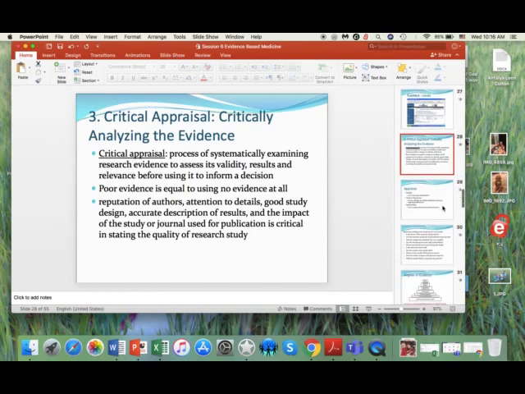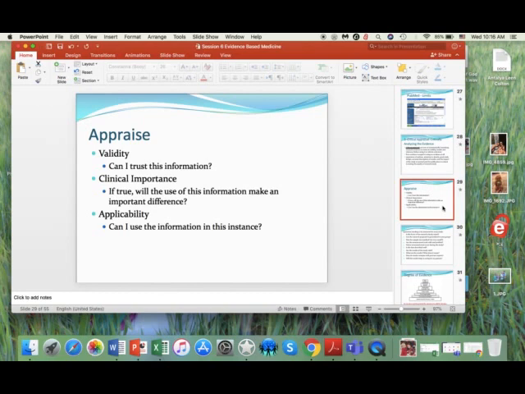So when we're appraising things, these are some of the main points. Is it valid? Meaning, can I trust this information? So was this study done well? We'll get into some other questions that I think are important to ask, but can I trust this information? Was the study done well? Was it documented? Are the results clear? Clinical importance.